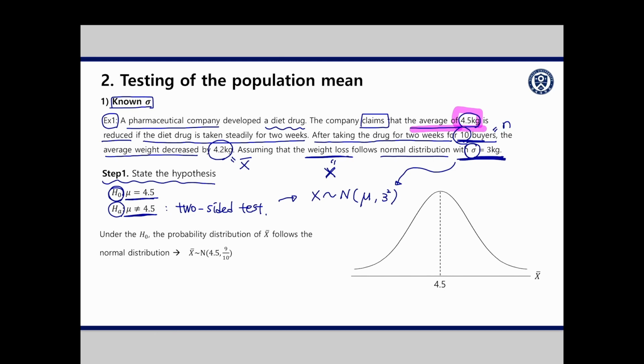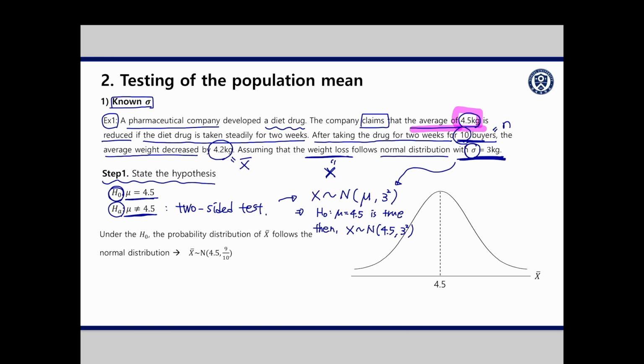Therefore, if we assume that the null hypothesis H0, mu equal to 4.5, is true, then X follows a normal distribution with mu equal to 4.5 kilograms, and the population variance is 3 squared, that is 9.